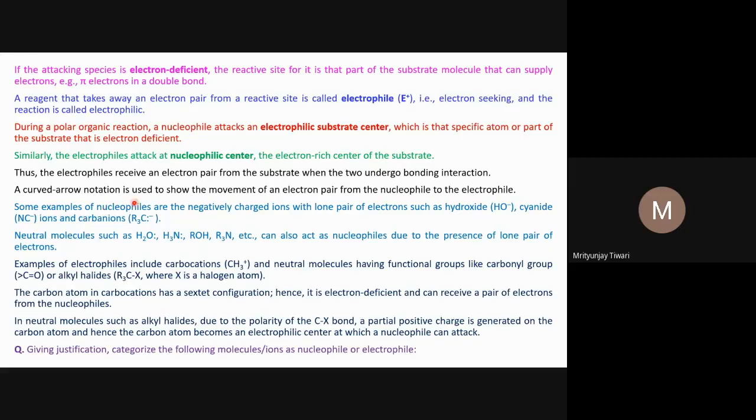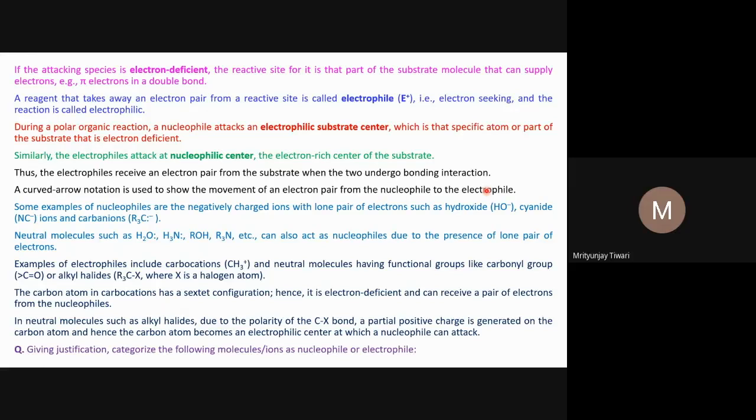A curved arrow notation is used to show movement of an electron pair from the nucleophile to the electrophile. This is a general thing, not only in organic chemistry but in the entire chemistry. We show the movement of the electron pair. From where the electron pair moves, we start the arrow at that center, and we end the arrow at the position where that electron pair is going.